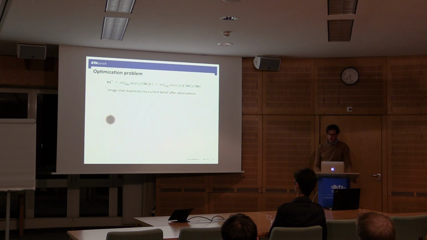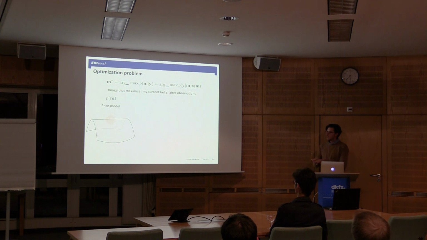Okay, so let's get a little bit of intuition for this. So we know we have a likelihood function that tells us which images are likely with this K-space data. So let's say they live in this ball here. Yeah?